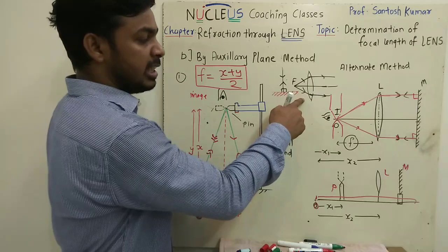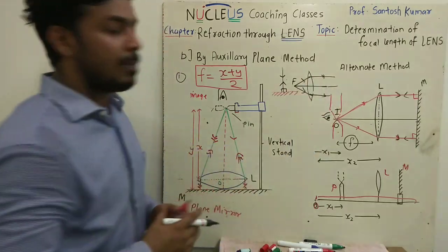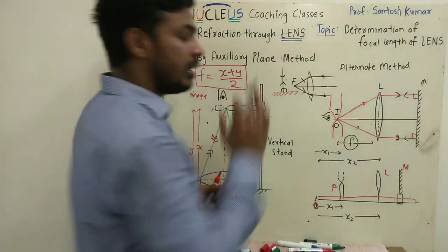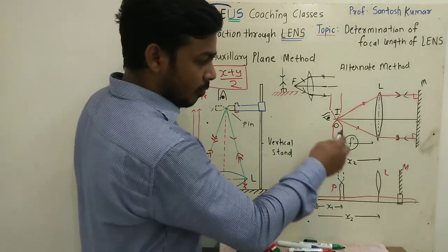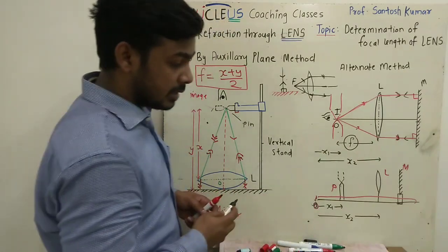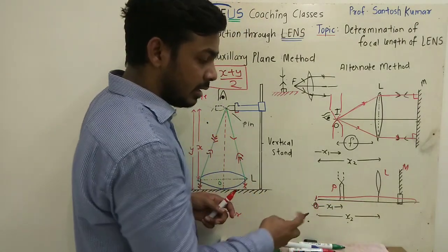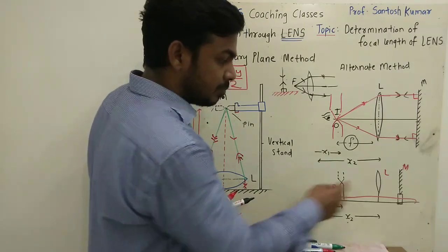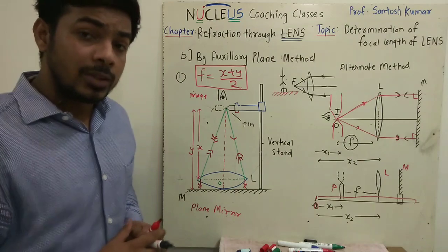I have explained in this principle that if rays from a certain point after refraction travel parallel to the principal axis, then definitely they are coming from the principal focus.